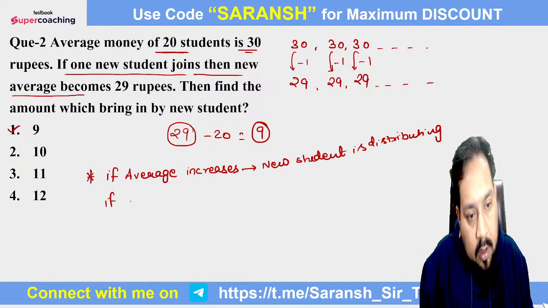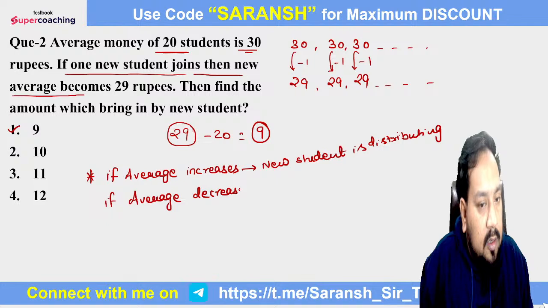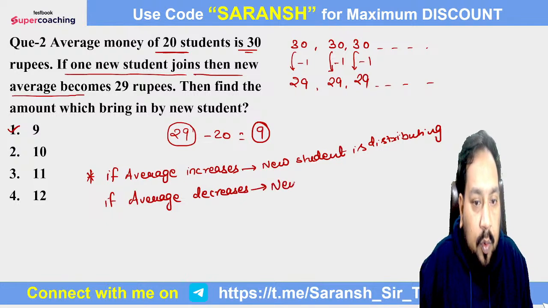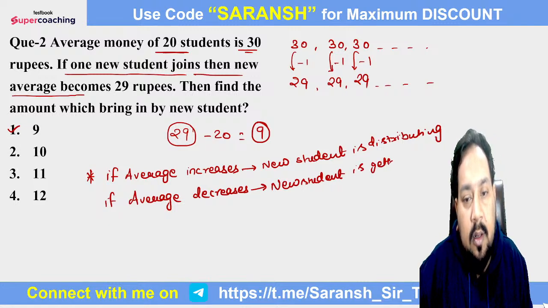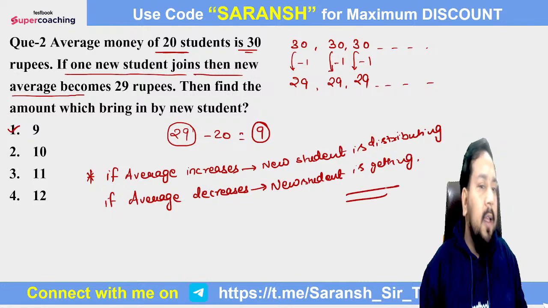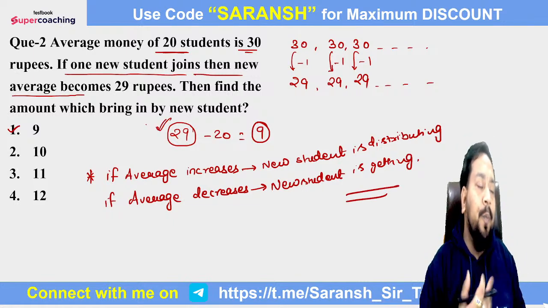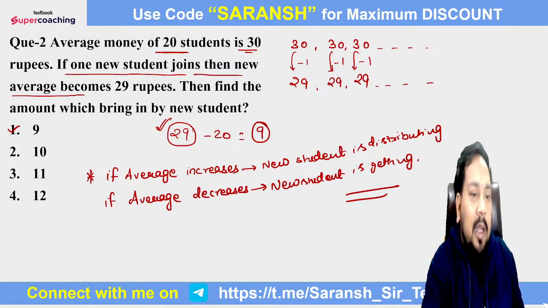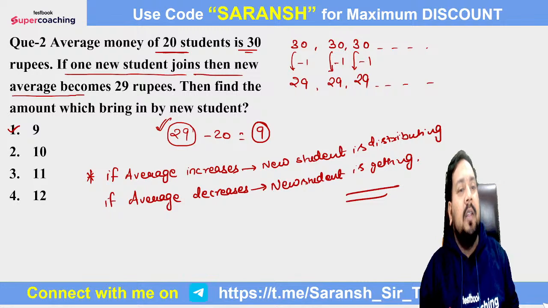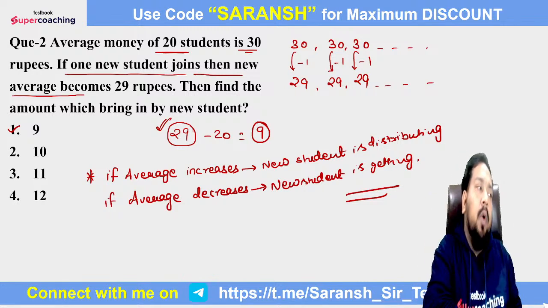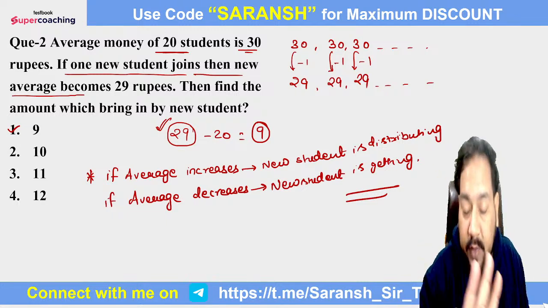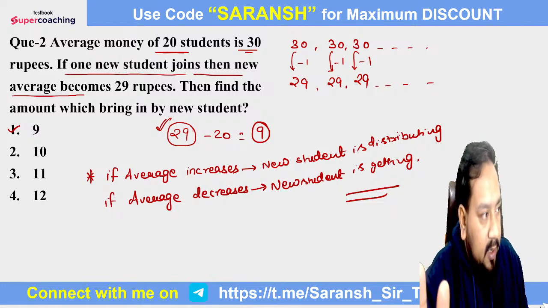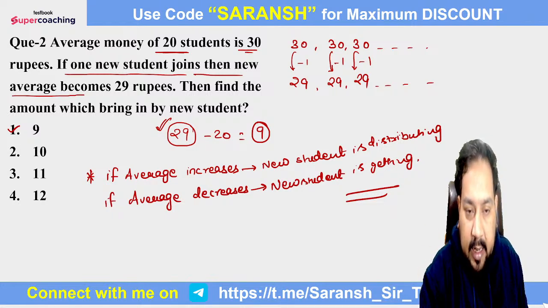And if the average decreases, it means the new student is getting. In 29, 20 rupees he got from 20 students, and after that he becomes equal to all 20 students. Okay, is it clear now?